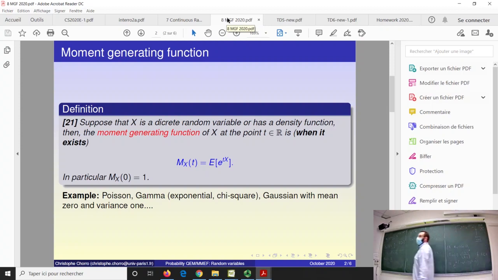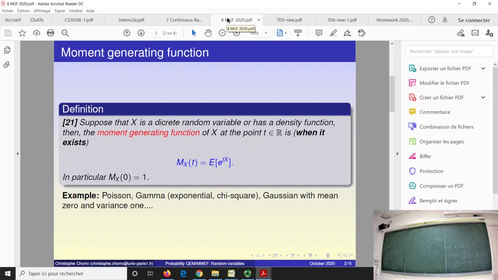You will use it a lot, in probability and in statistics for sure, but also in finance. Maybe you have heard about the Black-Scholes model, and the price of a contingent claim in these kinds of models may be computed. The idea is to use the moment generating function of the Gaussian to obtain nice formulas.